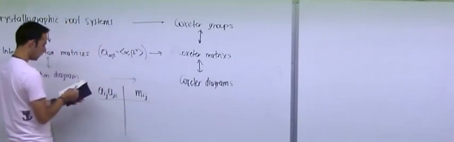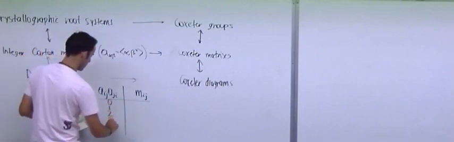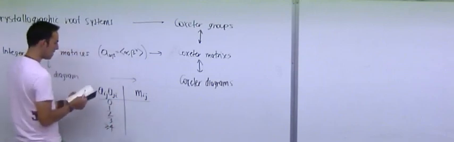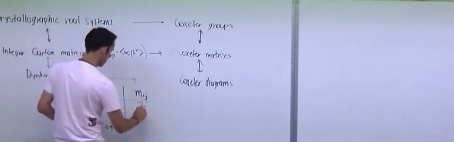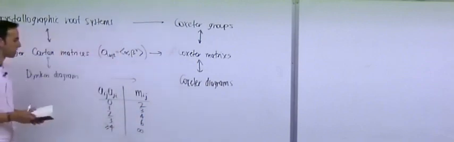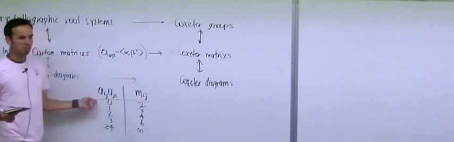We said that these numbers can be 0, 1, 2, 3, or greater than or equal to 4. And accordingly, the m_ij's are going to take the values 2, 3, 4, 6, and infinity. Okay? Now, last time we talked about how all of these numbers can be realized.